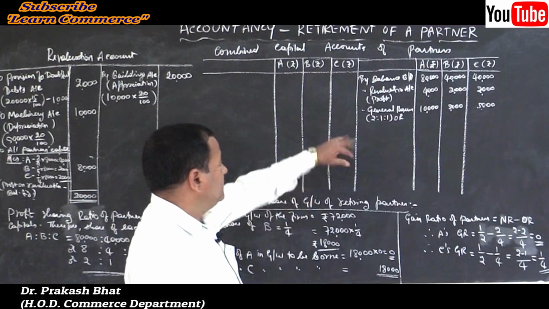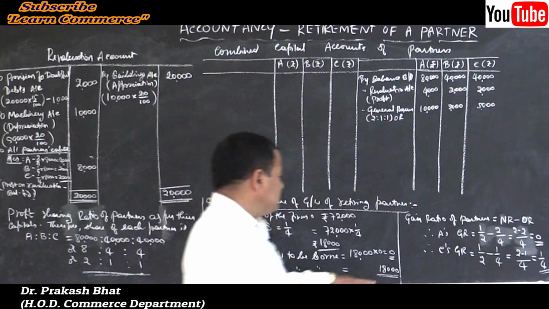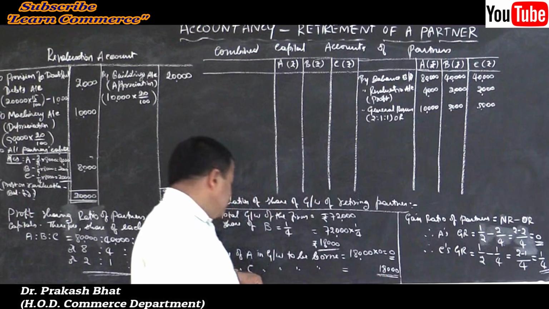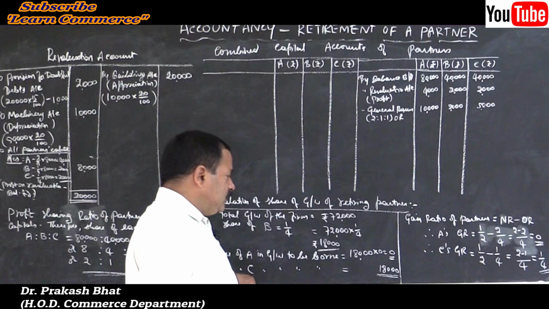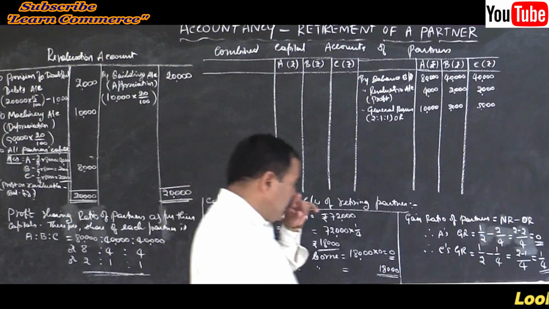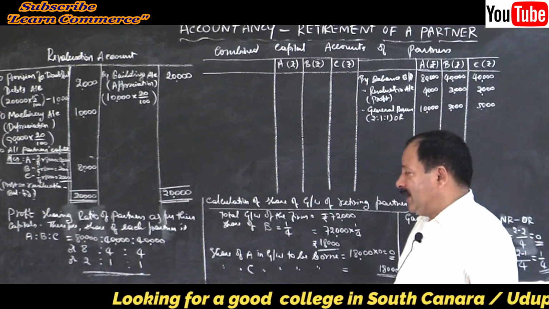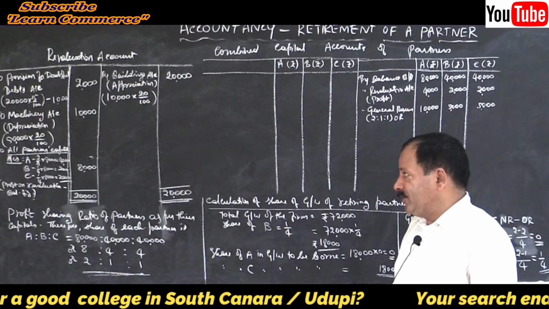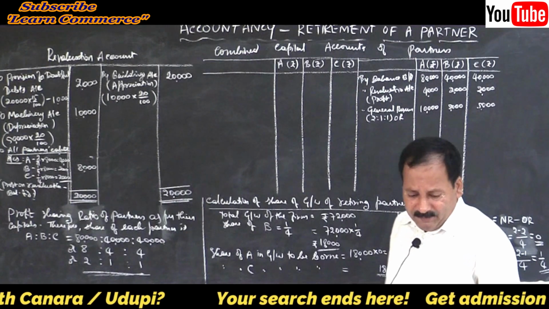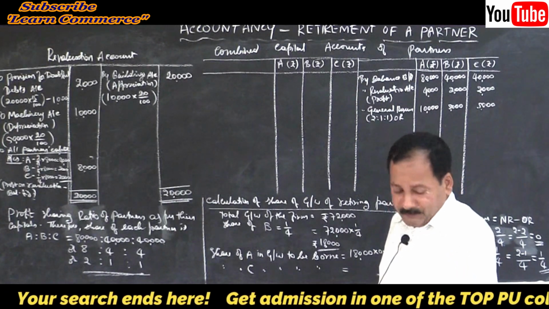Let us move on to the problem here. So 18,000, you have to write one sentence here: the entire share of Amit is acquired by Chandru.